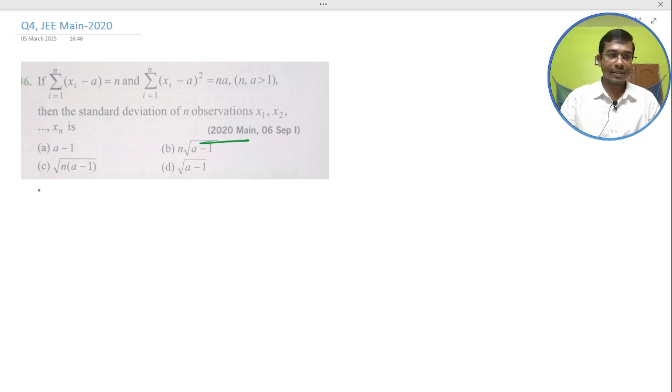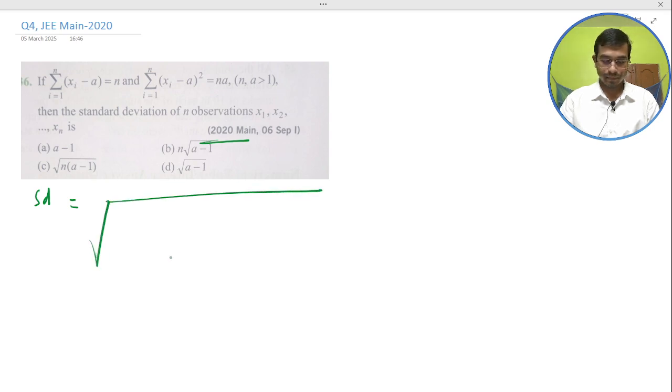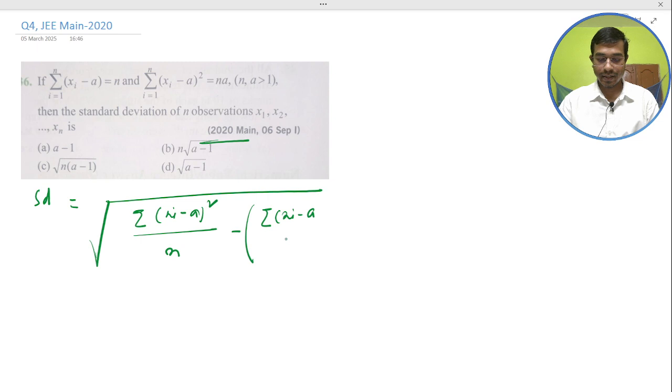So the standard deviation SD is nothing but the square root of summation (xi minus a) whole square divided by n minus (summation (xi minus a) by n) whole square.